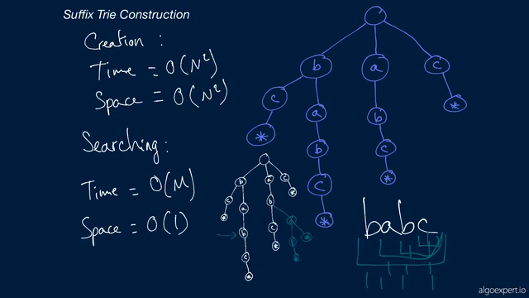The example case in which we'll only use O of n space would be if we had a string that consisted of only the same character. Like if our string were T, T, T, T, T, we'd literally have a suffix tree that goes down like this.